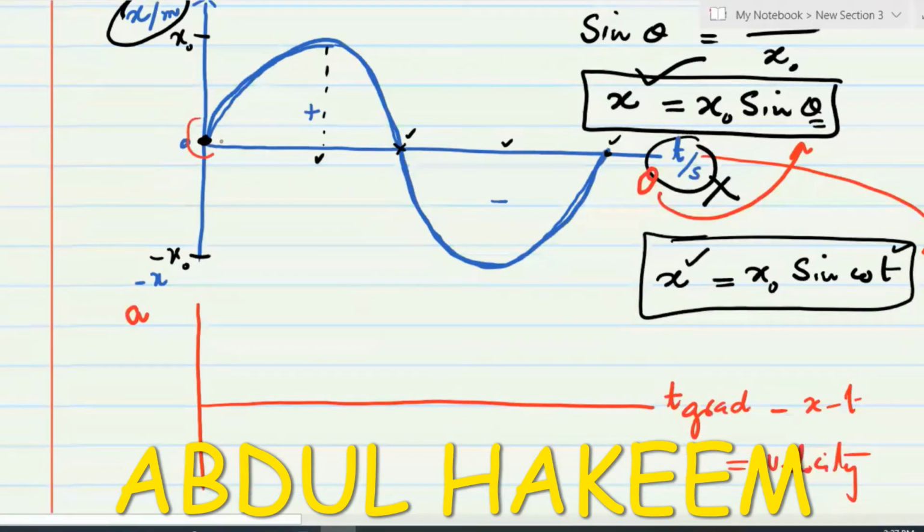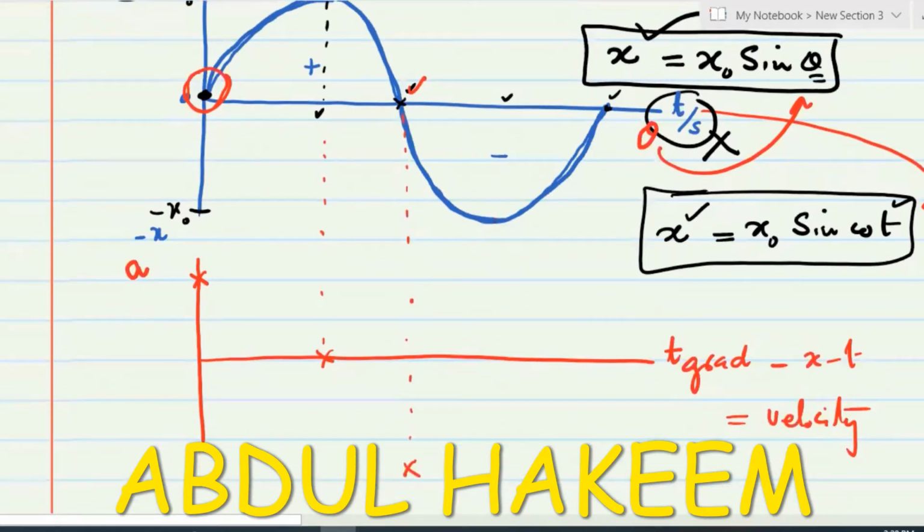So here the gradient is positive and maximum. At this turning point, the gradient is 0. And at this point, the gradient is maximum but negative. So this is negative maximum.